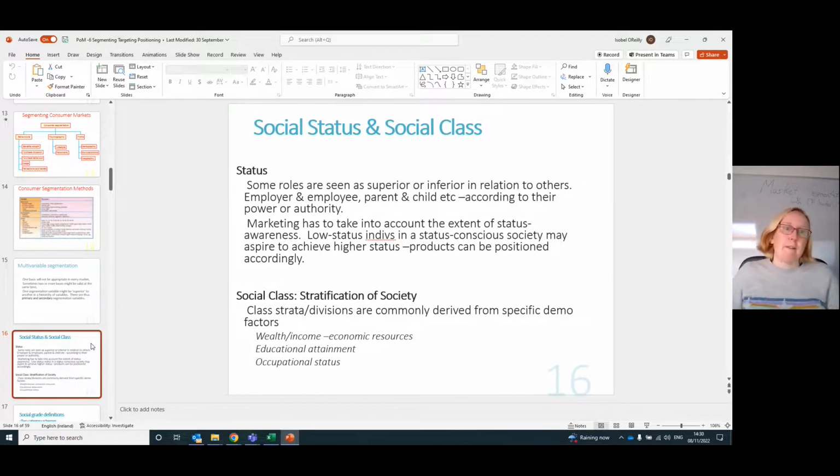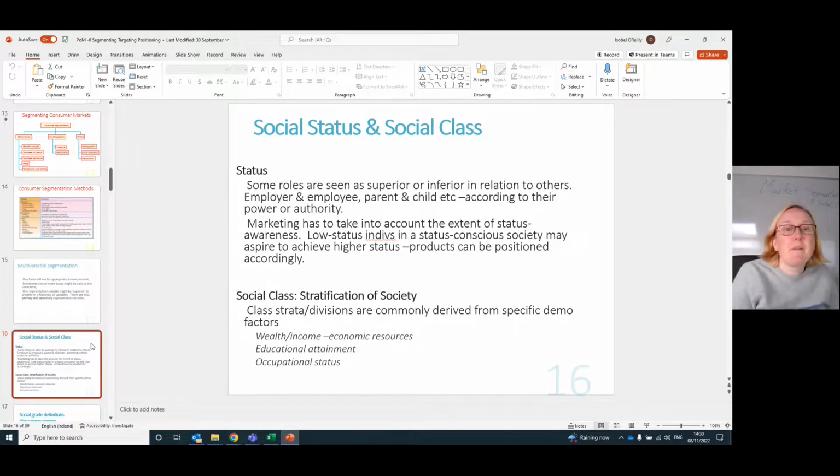This is probably the first use or introduction of the P of our STP, segmentation, targeting, and positioning. So we position products. We're talking about presenting something for sale, but in the mind of the customer, putting it in a frame of reference, and that's positioning.